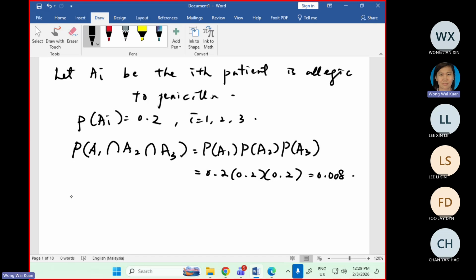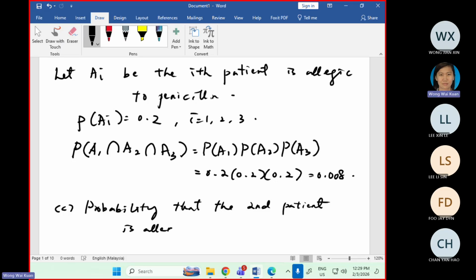Okay, now let's say I give you an extra question. What is the probability that the second patient is allergic to penicillin?